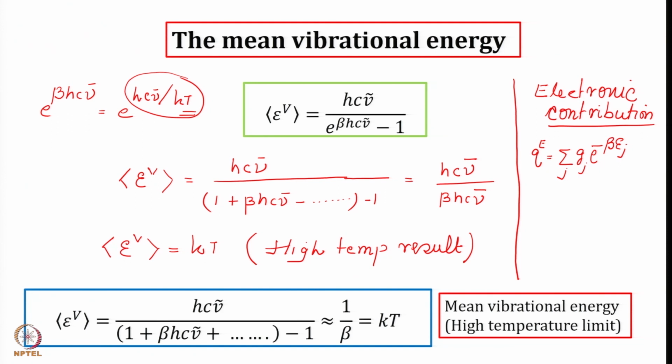And we know that electronic energy levels are far separated. So, in general, the electronic contribution to the molecular partition function is equal to the degeneracy of the ground state, because the excited states are far apart, which means the distance in energy terms between the ground state and the excited state is large.